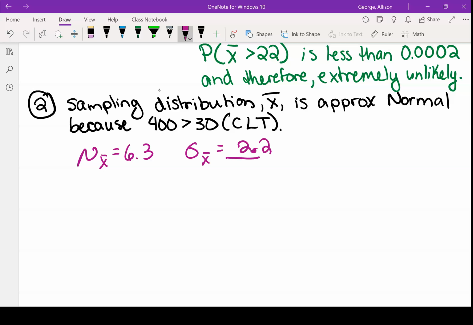So we have 2.2 over the square root of 400, and when you mash your buttons on that, you're going to end up getting 0.11. All right, so we have 400 as our sample size. Multiplying that times 10 would give us 4,000. There are more than 4,000 cats in the general population, so we would be good to go.